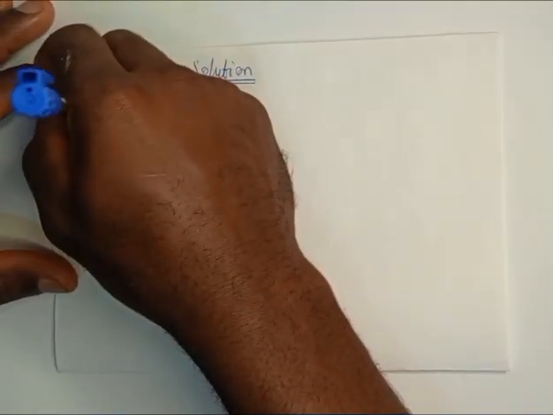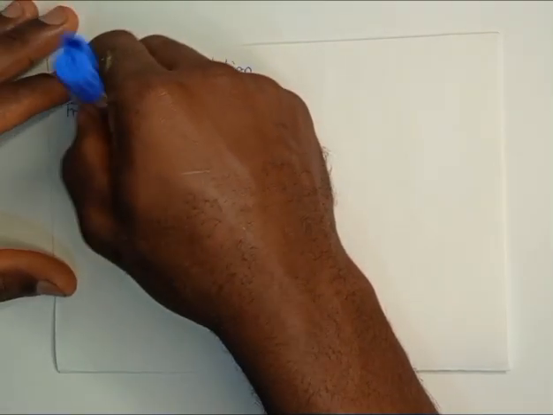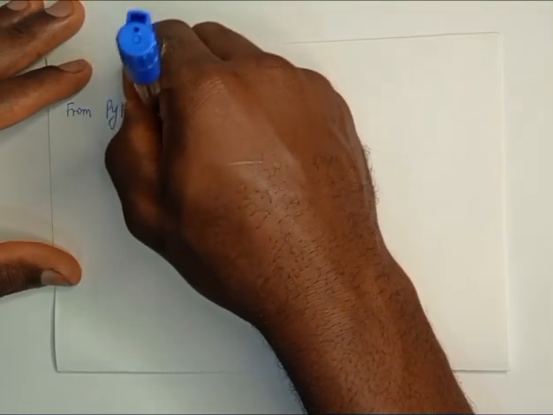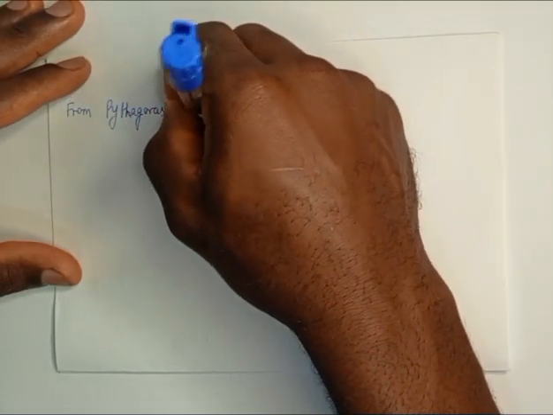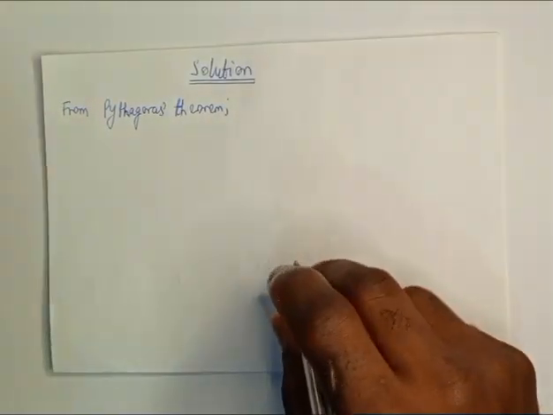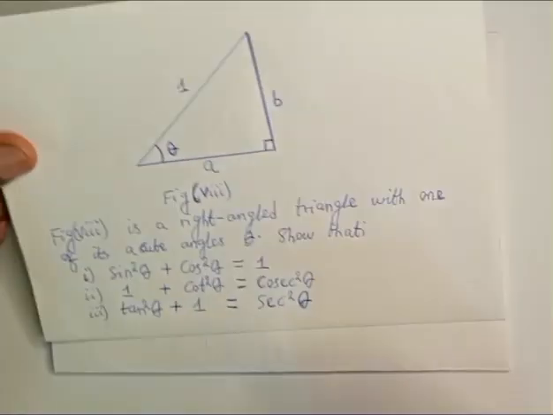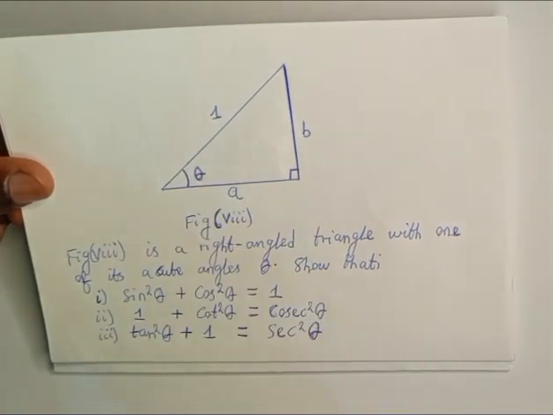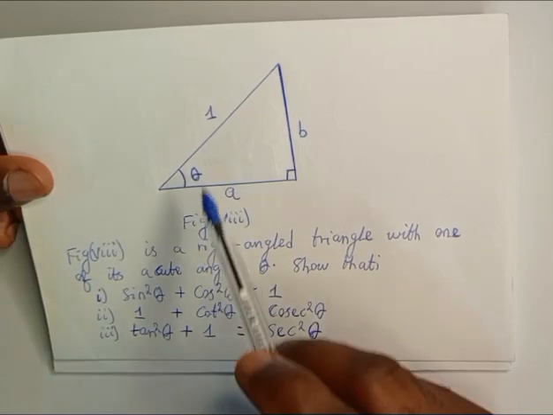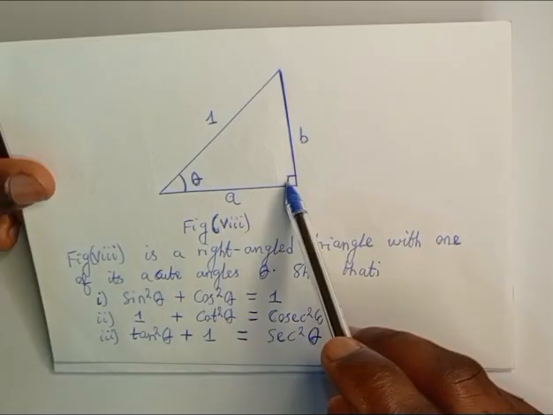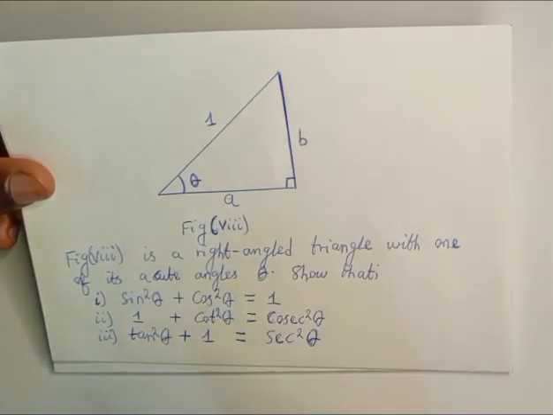First thing, from Pythagoras theorem, the longest side of this right angle triangle, which is the hypotenuse, is given by 1 squared equal to a squared plus b squared.